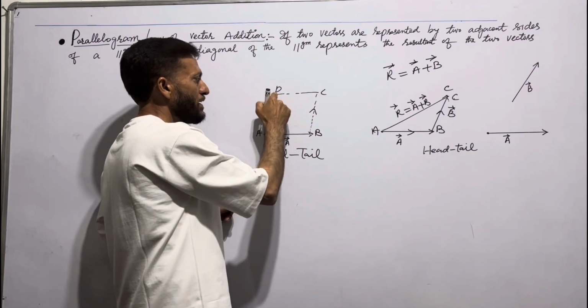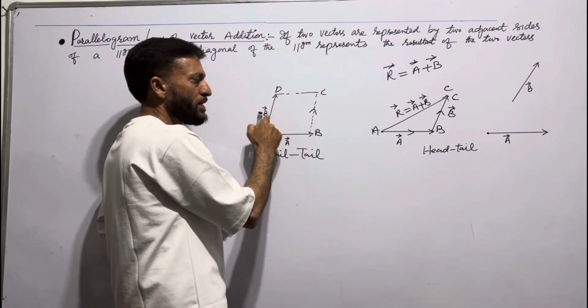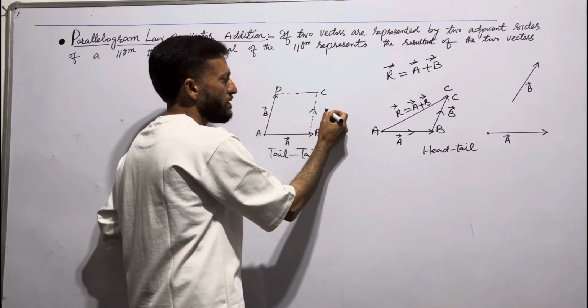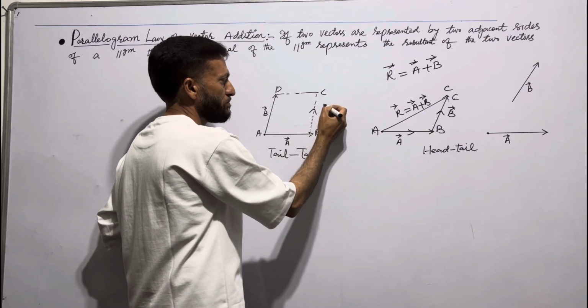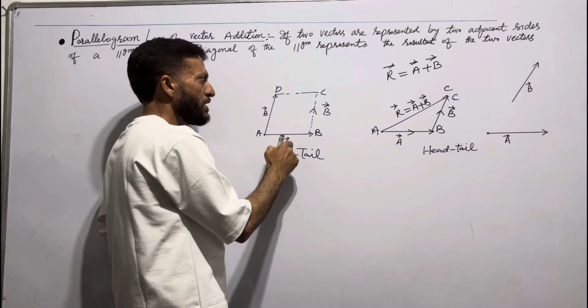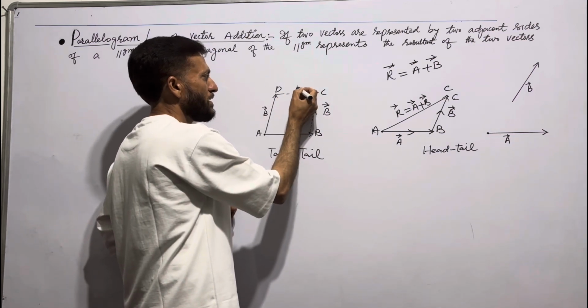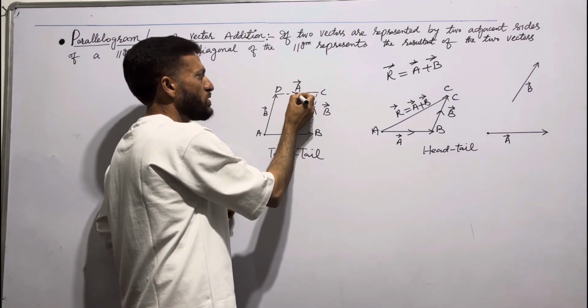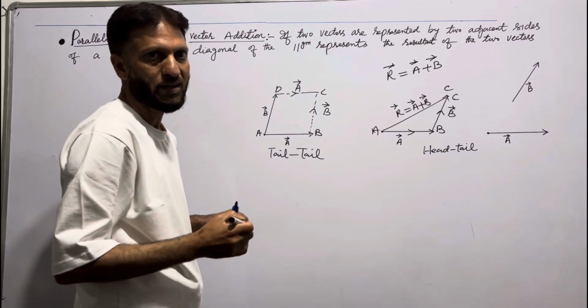So AD is vector B, it represents vector B. Similarly, BC will represent vector B. AB represents vector A, DC will represent vector A, because opposite sides of parallelogram are equal.